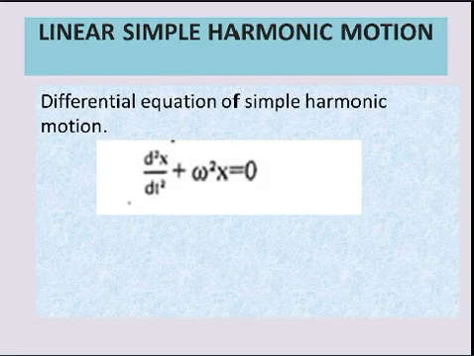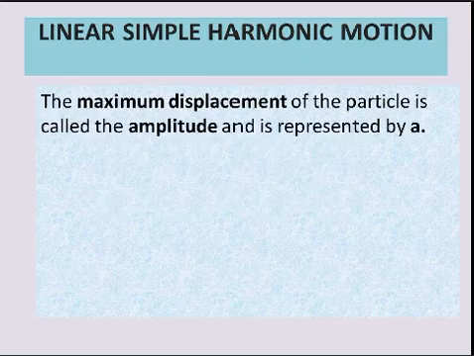Again remember the differential equation of simple harmonic motion. It is given by d2x upon dt square plus omega square x is equal to 0. As we already saw, if a particle is executing simple harmonic motion, then it has amplitude. Then what is amplitude? Amplitude is nothing but the maximum displacement of the particle, the upper limit.